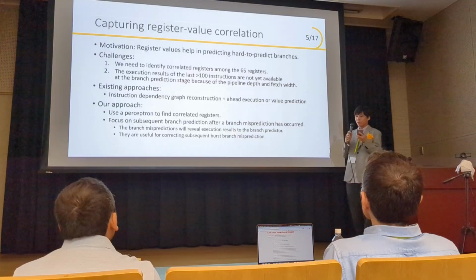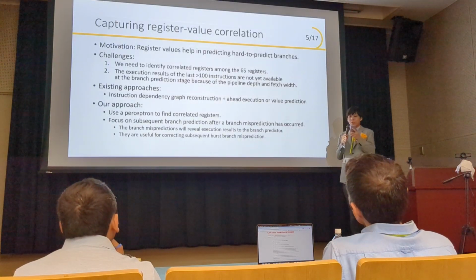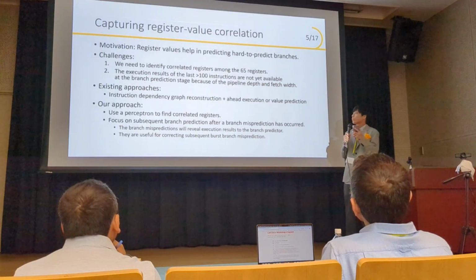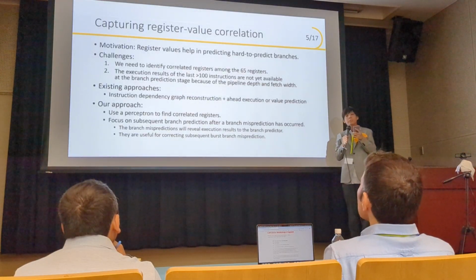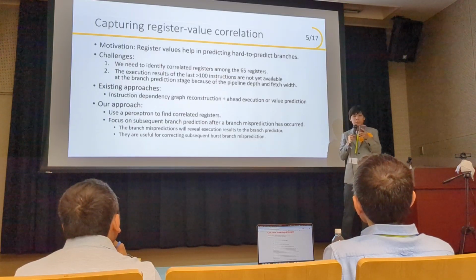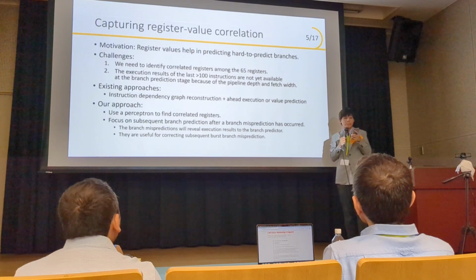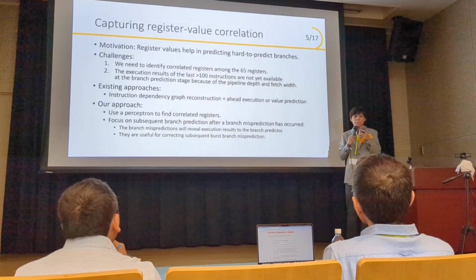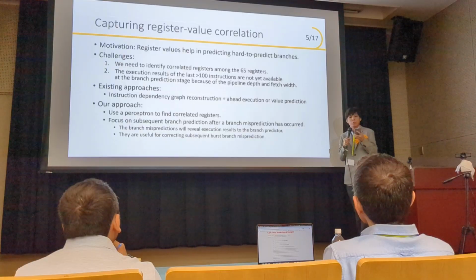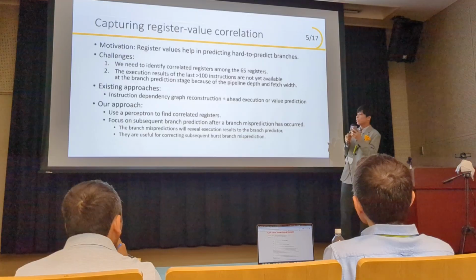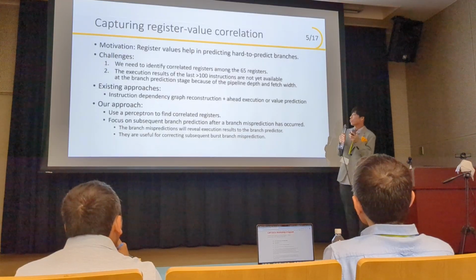First, capturing register value correlation. These values have been used to predict hard-to-predict branches, but there are two challenges. One is to identify the correlated register among the 65 registers. The other is the difficulty of using fresh values at the branch prediction stage. Some approaches have been proposed that reconstruct instruction dependency graphs and utilize techniques such as ahead execution or value prediction.